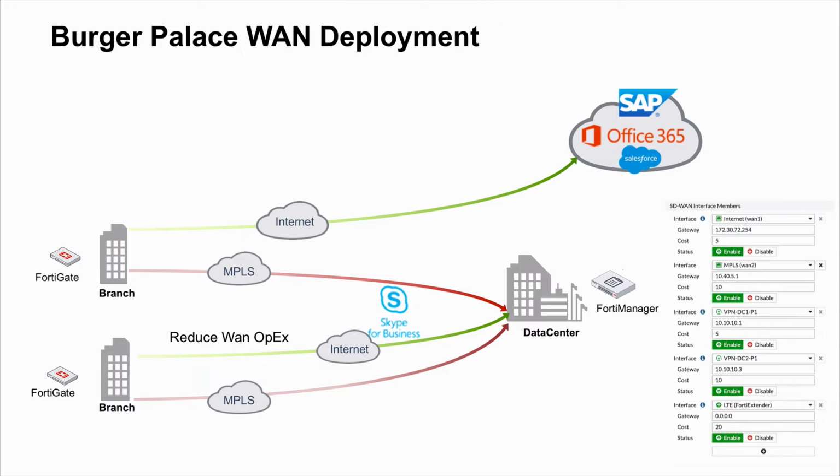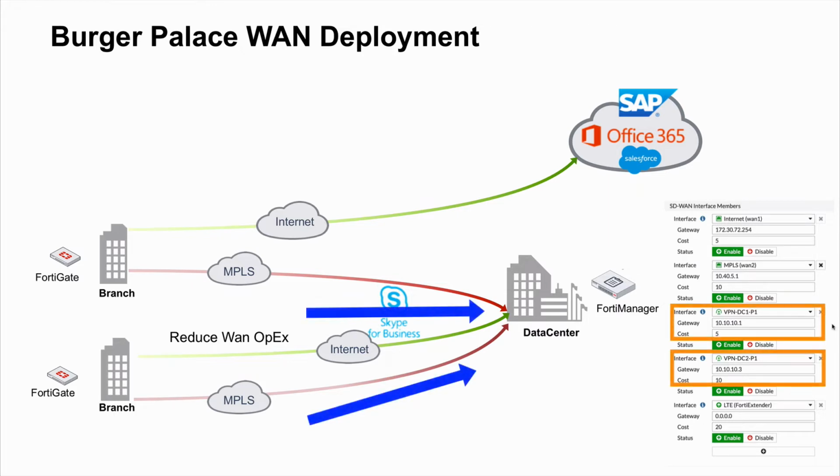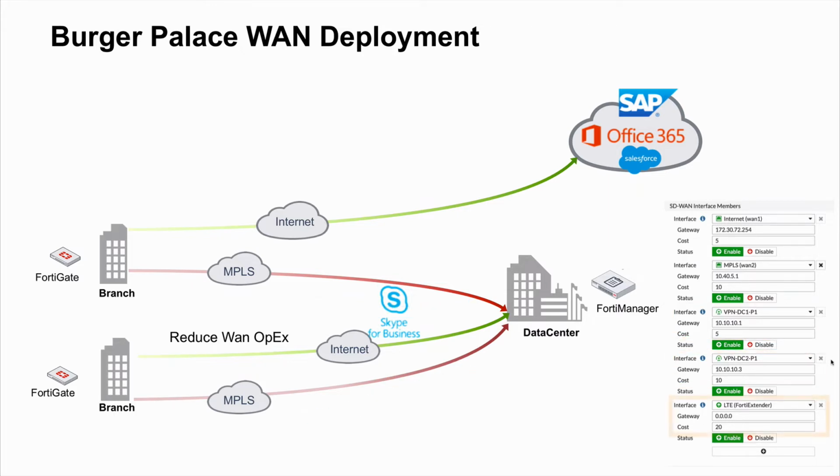As you can see, we have a broadband internet link on WAN 1 with a cost of 5 and an MPLS link on WAN 2 with a cost of 10. We also have 2 VPN tunnels from branch to data center and an LTE connection as well. All of these interfaces are members of our SD-WAN.